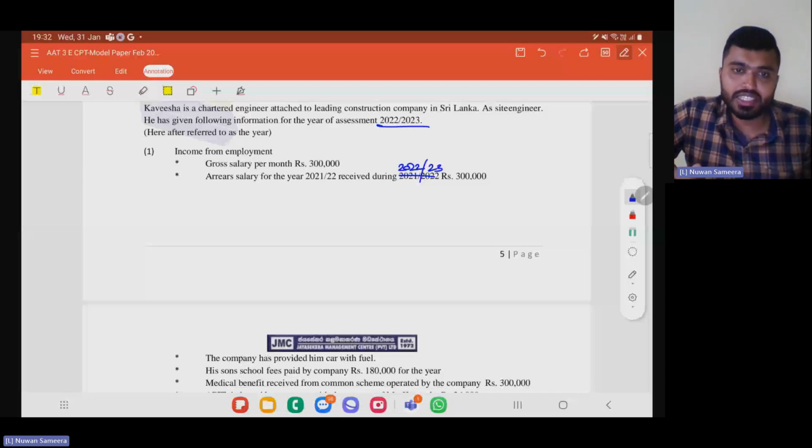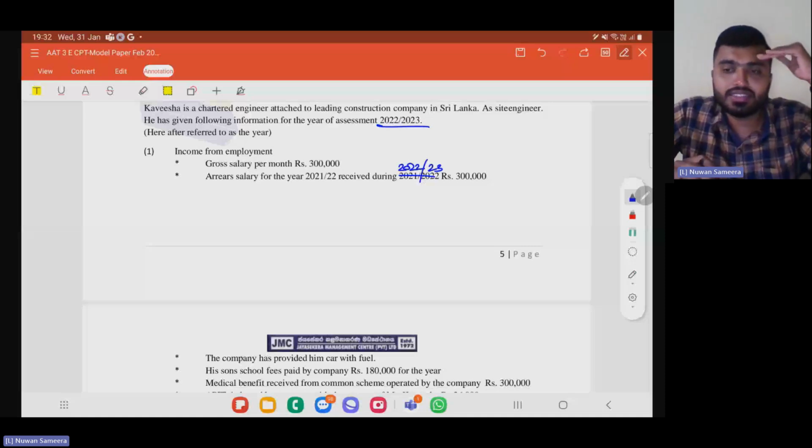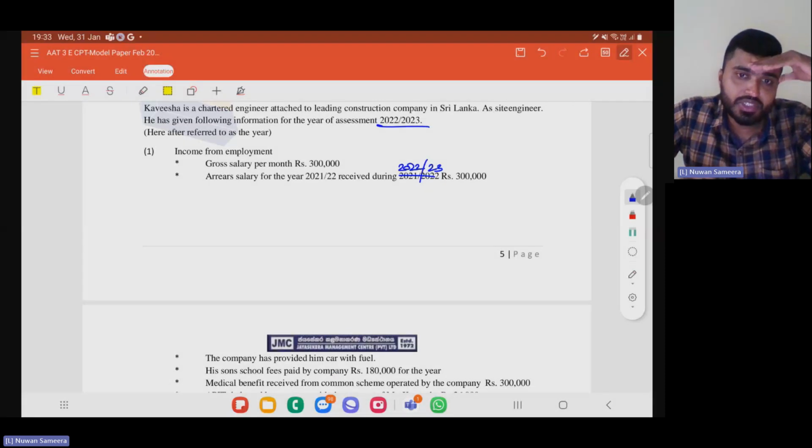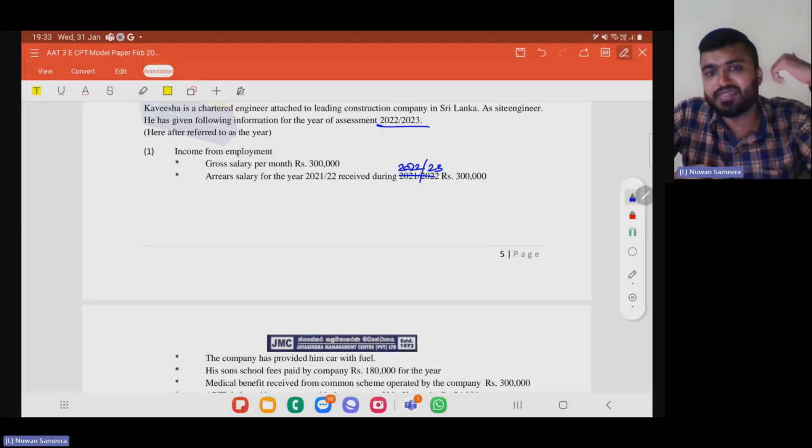This amount was received in 2022 and 2023, the year of assessment for which we are calculating the employment income, but this 300,000 is not a salary receivable in this period. It relates to the previous year of assessment.